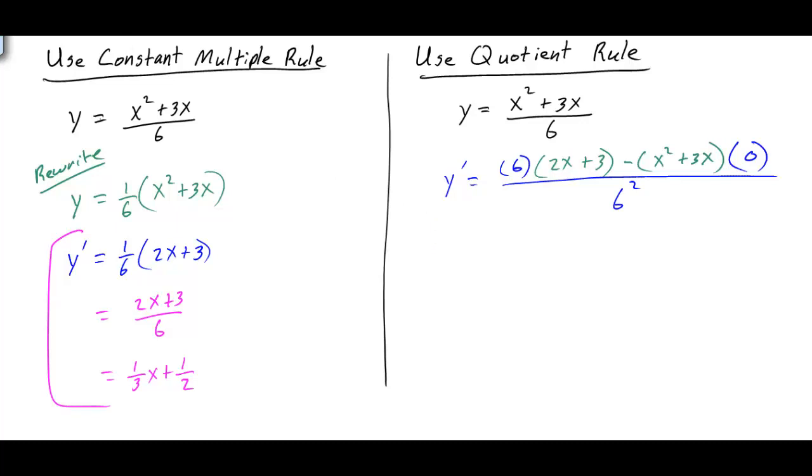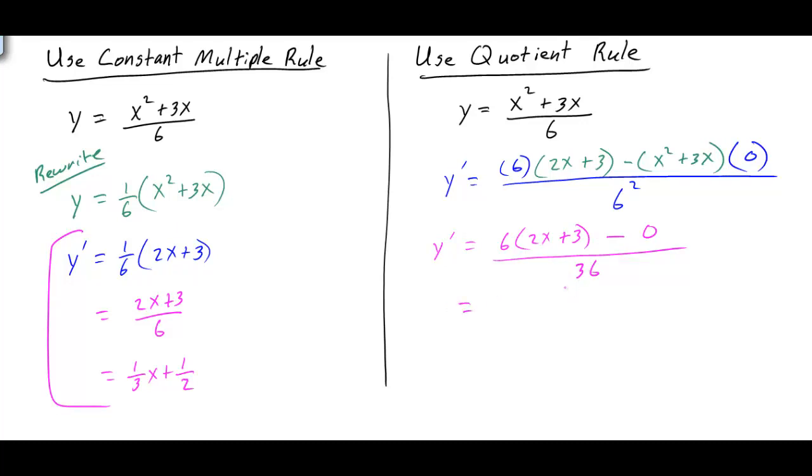And what happens now at this point when we go to simplify? Well, I'm going to leave this as 6 times 2x plus 3 minus, well, x squared plus 3x, all of that is multiplied by 0, so that all cancels out. And this is all divided by 6 squared. And you could leave it as 6 squared, or we could square it to 36.